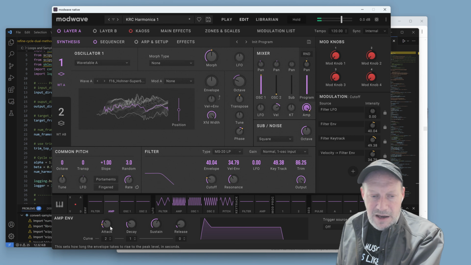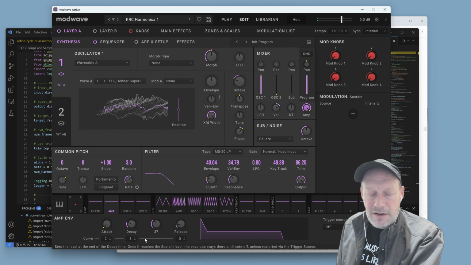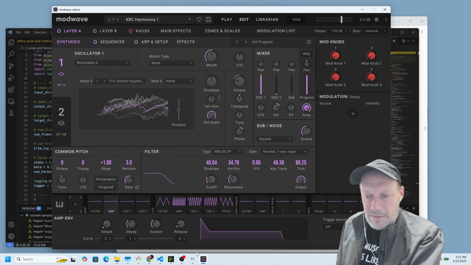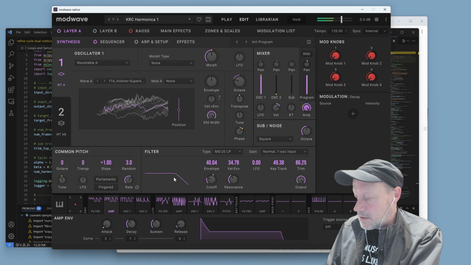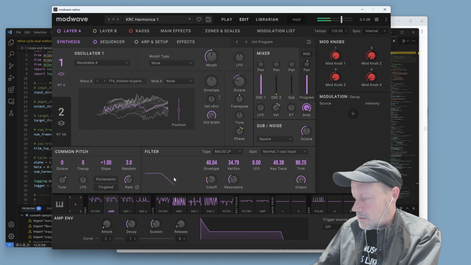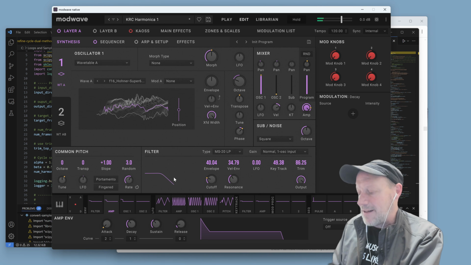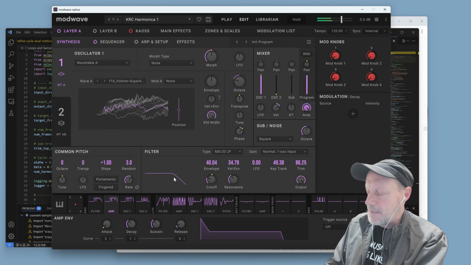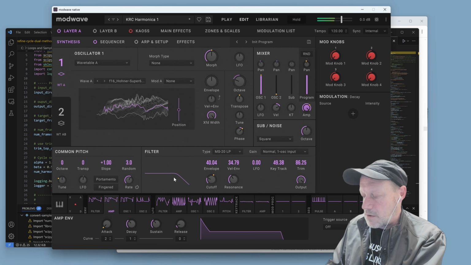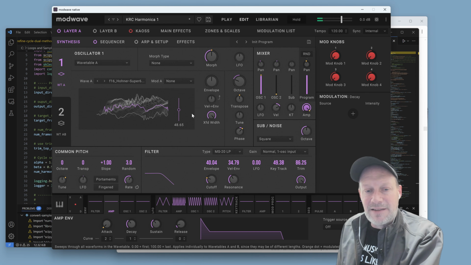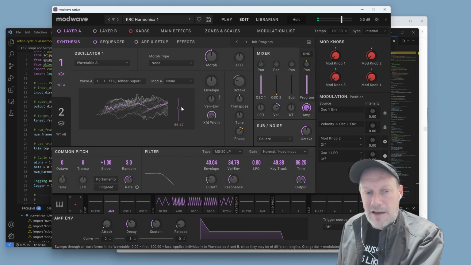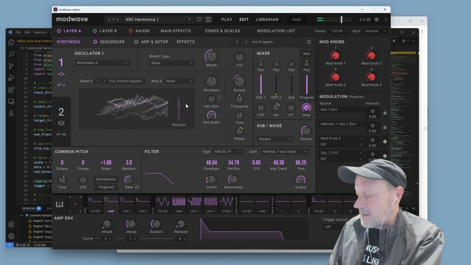Let's change the amp where we're simulating the slow attack of a harmonica here. So that's not very harmonica-like anymore. But I think it's an interesting source as a synthesizer waveform. So, kind of a fun discovery there.